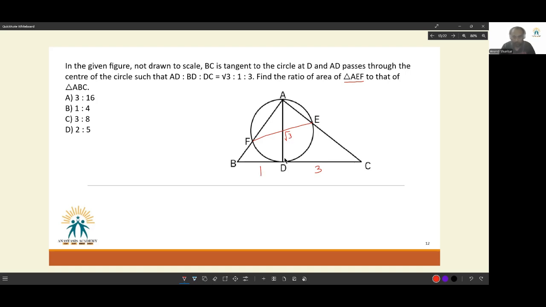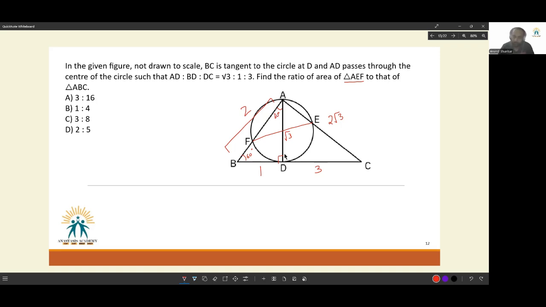If this is root 3, if this is 1, this is the tangential point. So AB, this length will be 2. This length will be 2. Okay. Now if this is root 3, this is 3. Root 3 square plus 3 square, this will be 2 root 3. This length is 2 root 3. So now see, this is 90. This is 60 degree. This is 30 degree.